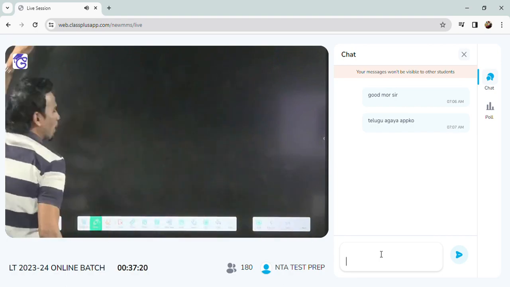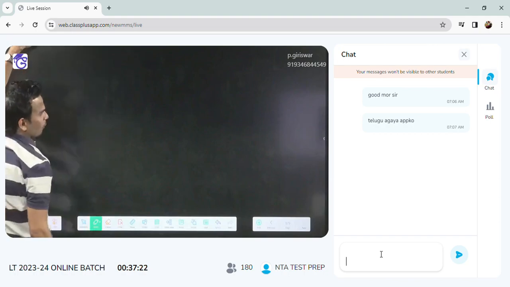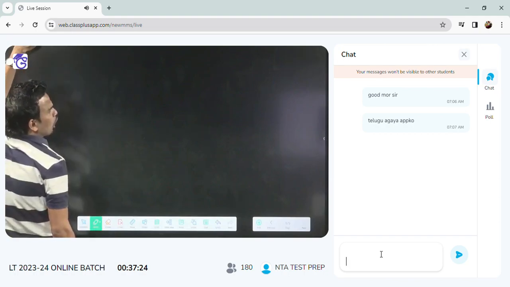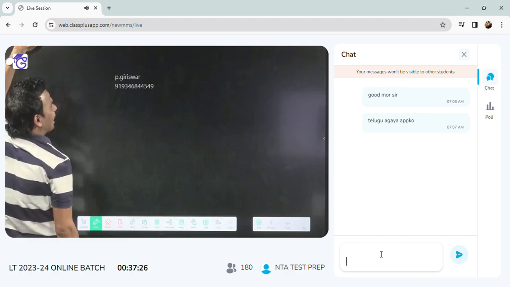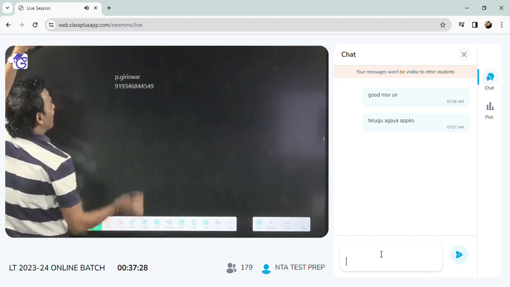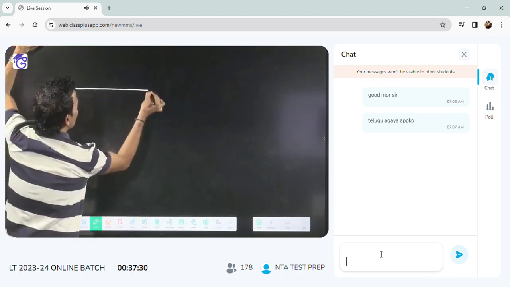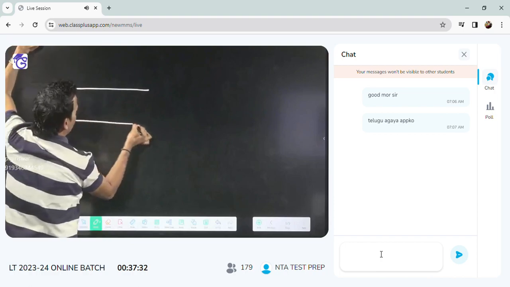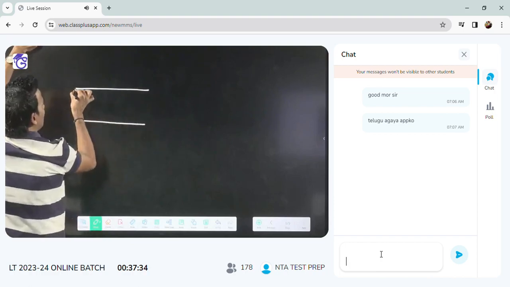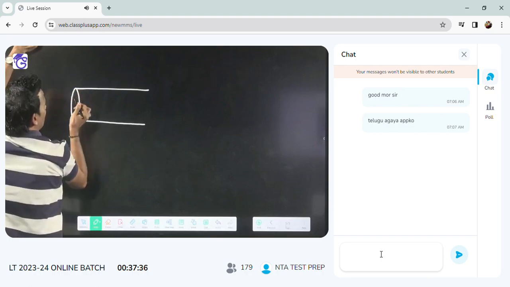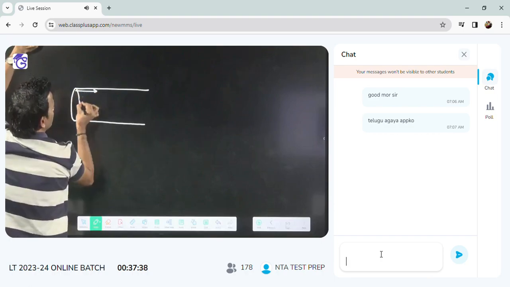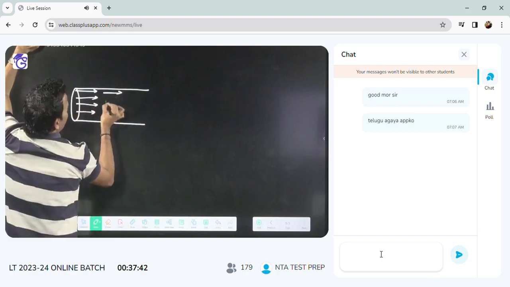So we are going to talk about magnetic field due to long solid cylindrical wire or long cylindrical wire. So this is how we will have a cylindrical wire. Long cylindrical wire means solid cylindrical wire. Solid cylindrical wire means through its cross-sectional area, current will flow.